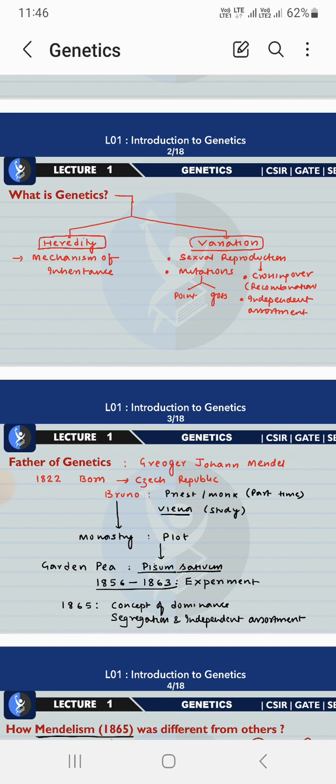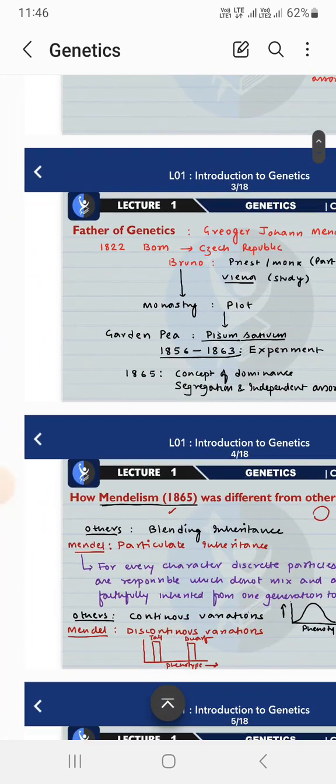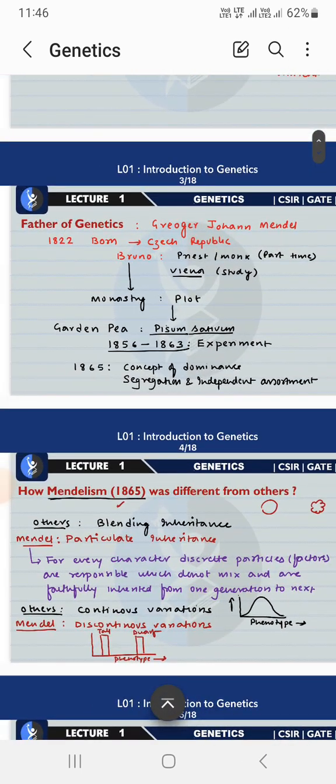Before we go into further detail, let's talk about the father of genetics, who is known as Gregor John Mendel. Gregor John Mendel was born in 1822 in the Czech Republic, in the city of Brno. There was a monastery where he worked as a priest or monk, which was basically a part-time job.